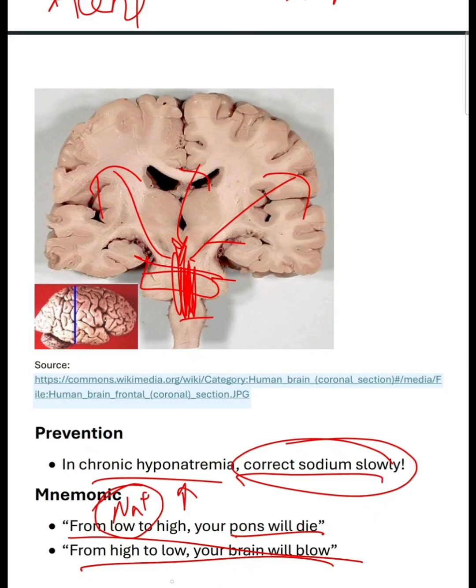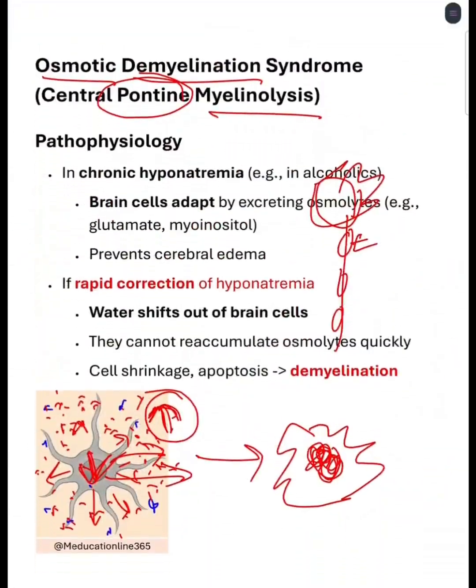That means your brain will blow. Blow here figuratively means swelling. So from high concentration hypernatremia to low, correcting rapidly, your brain will blow. Okay, so that is the key concept.